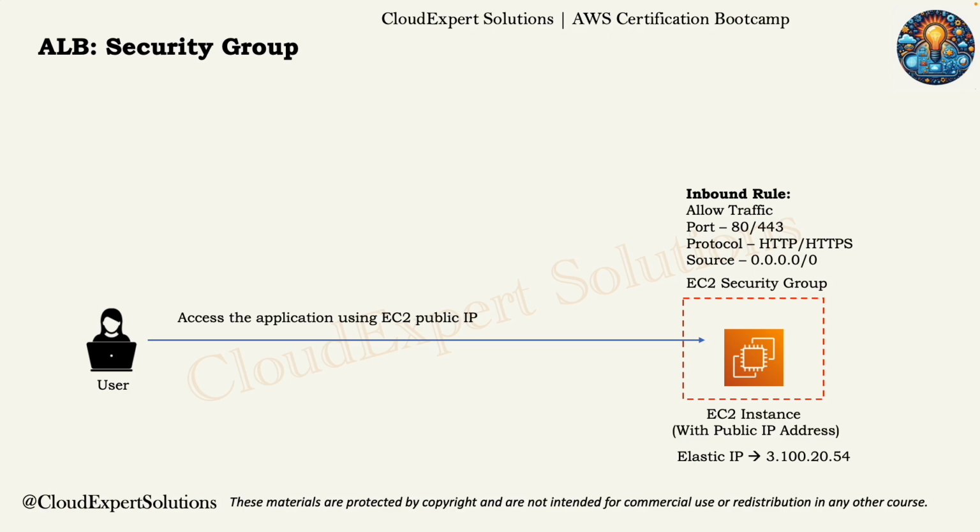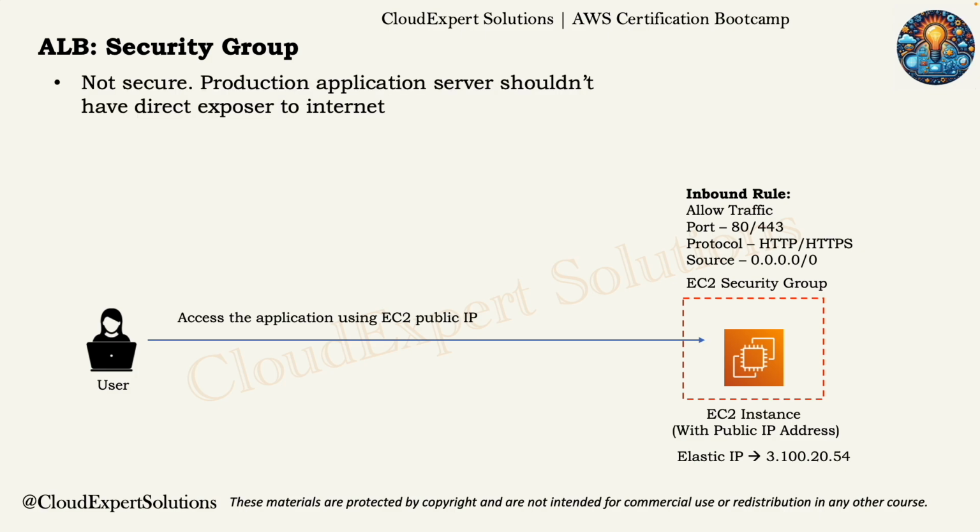And in the source, we have used 0.0.0.0/0. That means we allowed wide open, any traffic from the internet to reach our EC2 instance, which is not a secure practice because AWS recommends production applications should not have direct exposure to the internet.